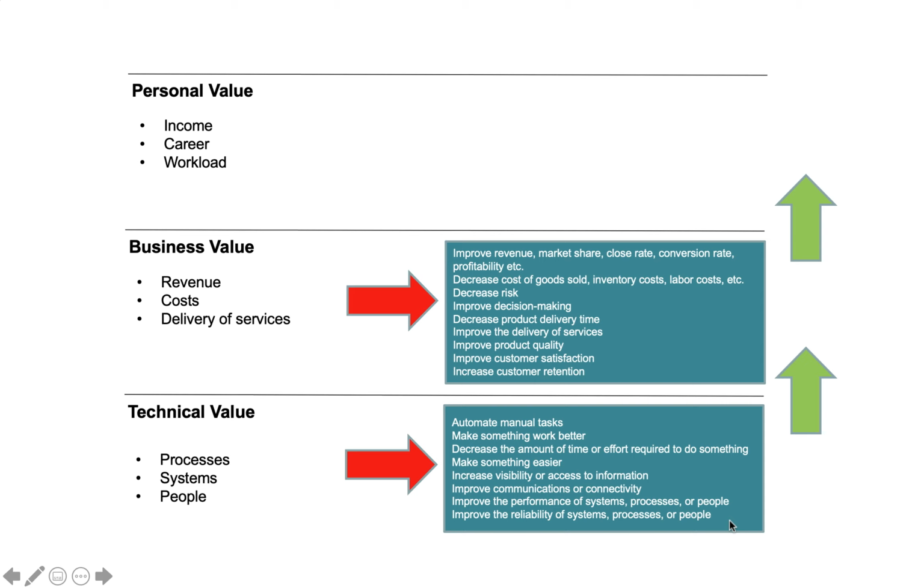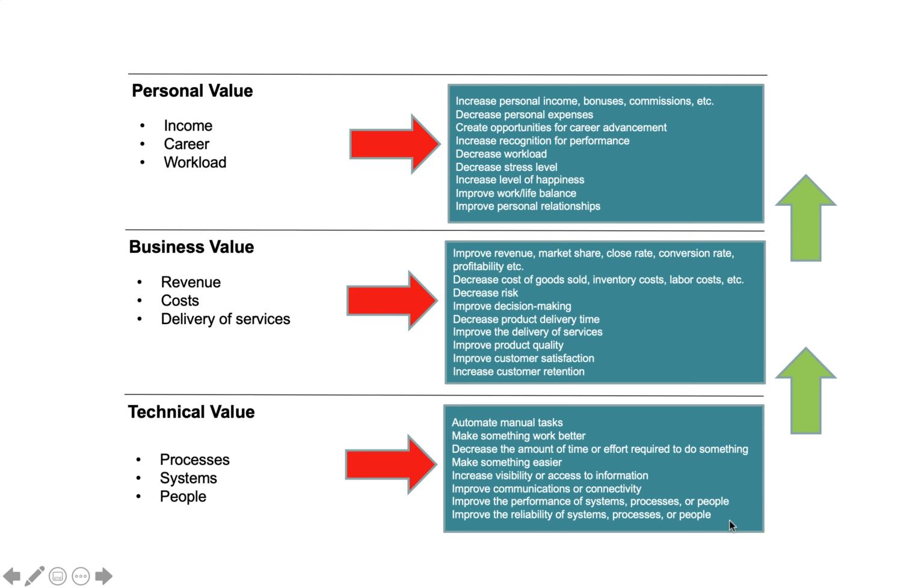When their department realizes technical improvements and business improvements, that can often impact that buyer at a personal level by increasing their income, improving their career, improving their workload, with examples of increasing personal income such as bonuses and commissions. If you decrease costs for a VP, that might help them to hit their annual bonus more consistently. Decrease personal expenses, create opportunities for career advancement, recognition, decrease workload, decrease stress.